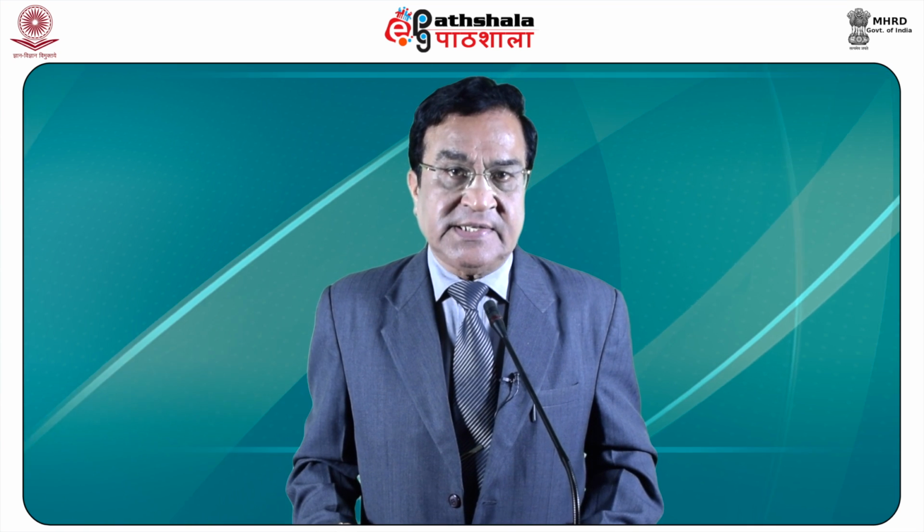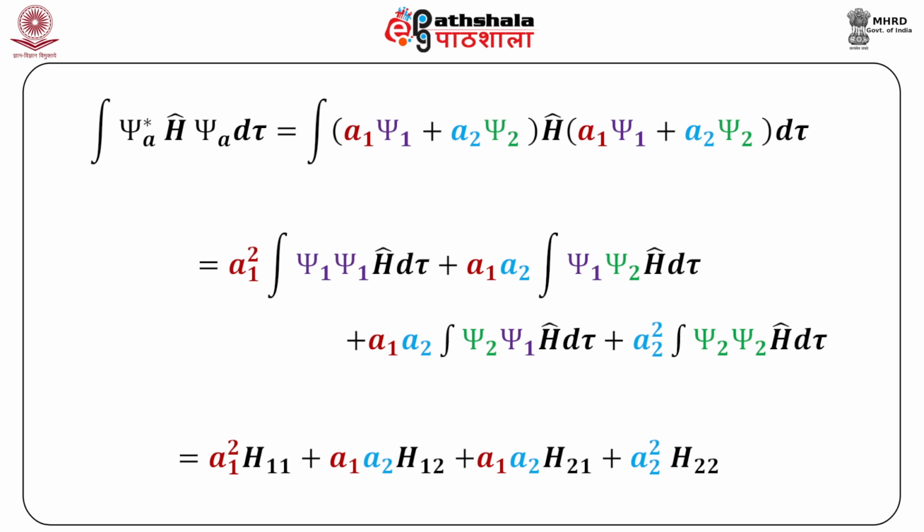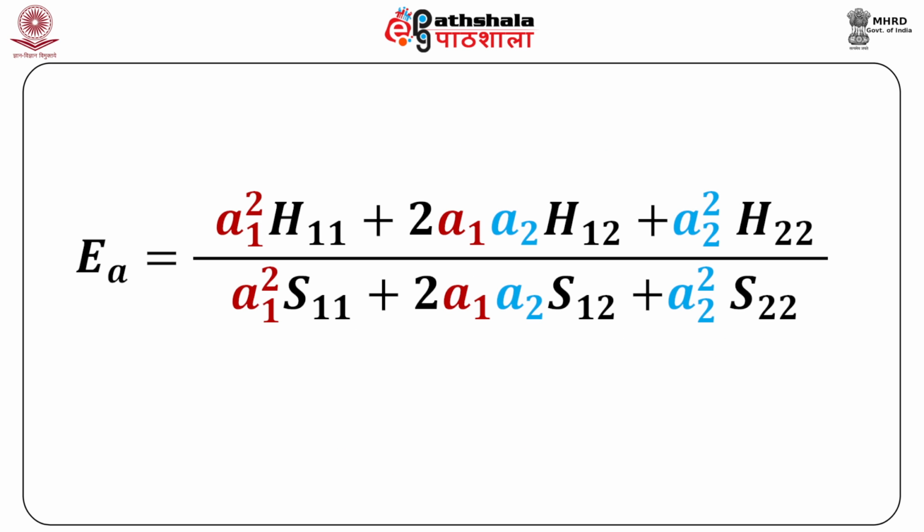Now using this as the trial wave function, one can get the corresponding approximate energy EA by the variation theorem as it is shown here. And if we substitute the values of psi A in this, one can see that this expands and ultimately we get, as you can see here, the numerator becomes A1 square H11 plus 2 times A1 A2 H12 plus A2 square H22.